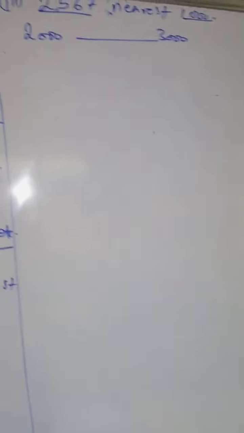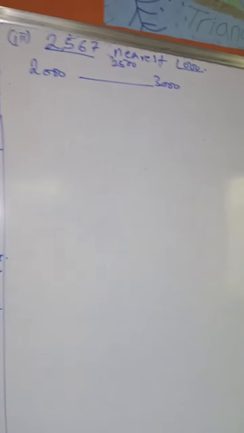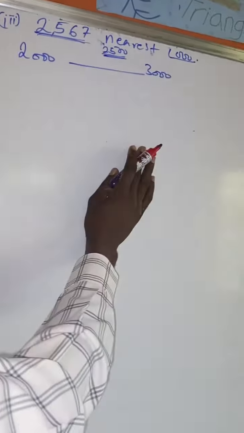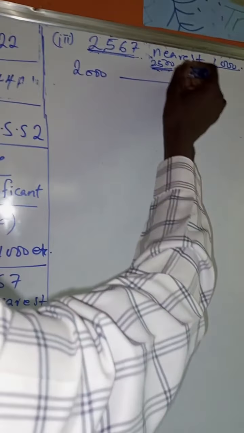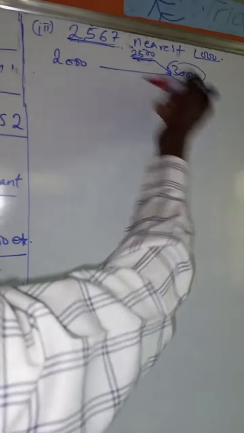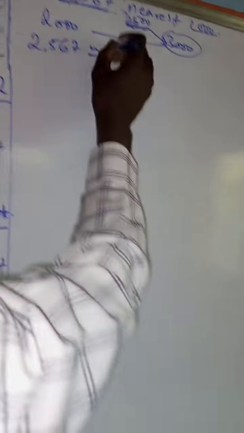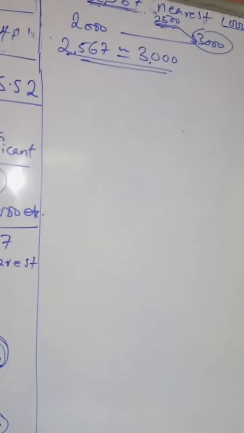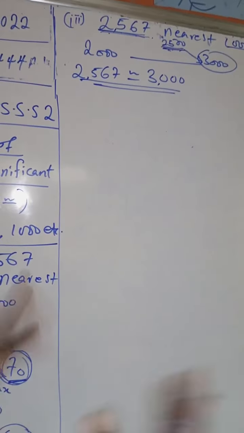Half of 1,000 is 500, so the middle is 2,500. I compare my number with the middle. It is up to 2,500, so I move to the maximum and replace it with 3,000. So 2,567 is approximately equal to 3,000. You can go on and on, to 10,000, then 1,000,000, and so on.